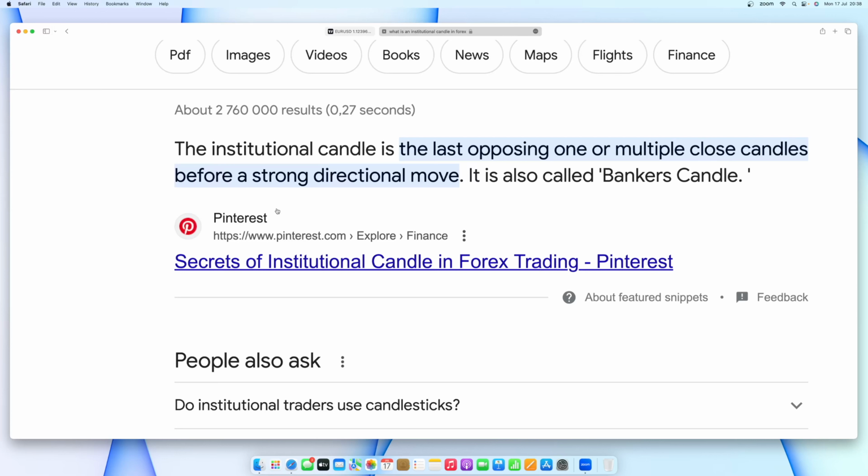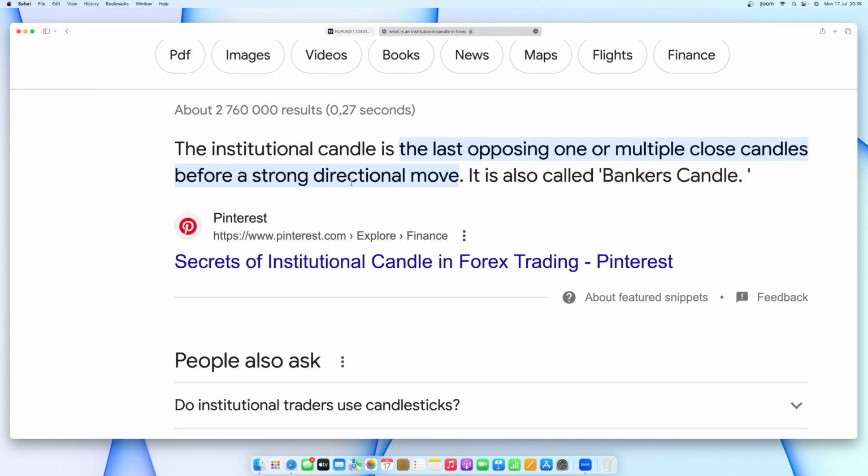It is also called a banker's candle, right? So the key words there are last opposing before a strong directional move.